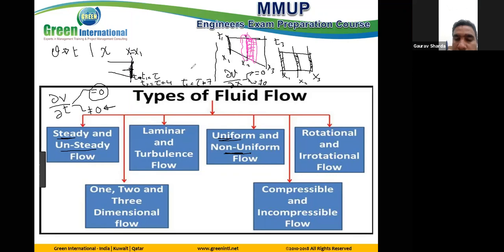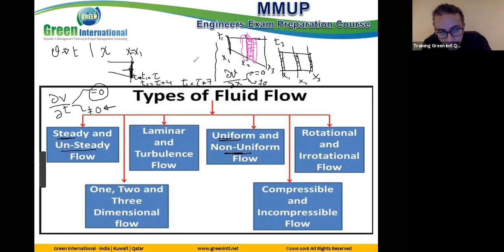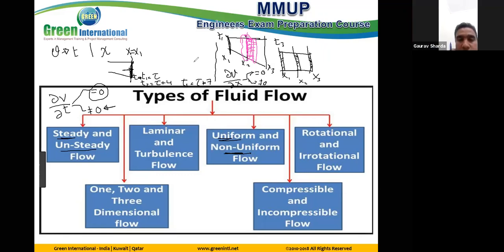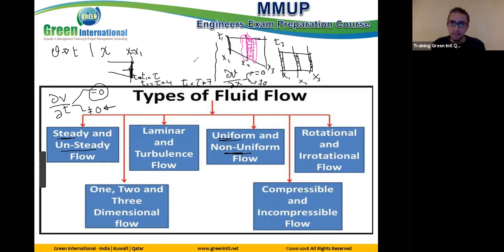Yes, sir, clear. One question: in steady or unsteady flow, is it related to the velocity or to the quantity of liquid? It is velocity. The main variable here is velocity. You study the velocity with time.